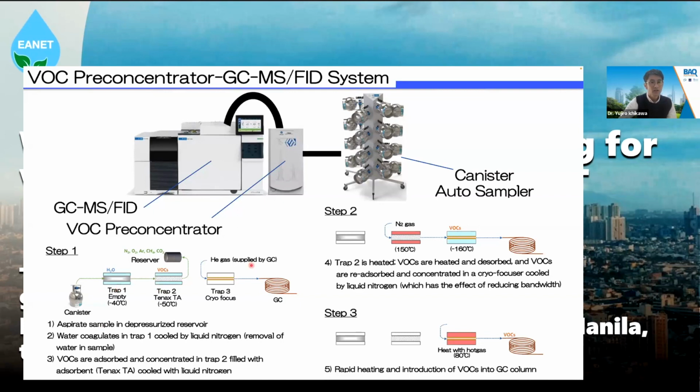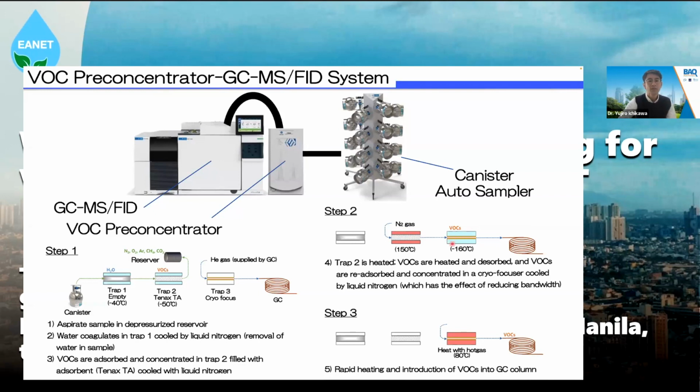And as for step 2, the VOC components are present in trap 2. So we heat here, and VOC components will move to trap 3. And trap 3 is cooled down to about minus 160 degrees Celsius or lower.